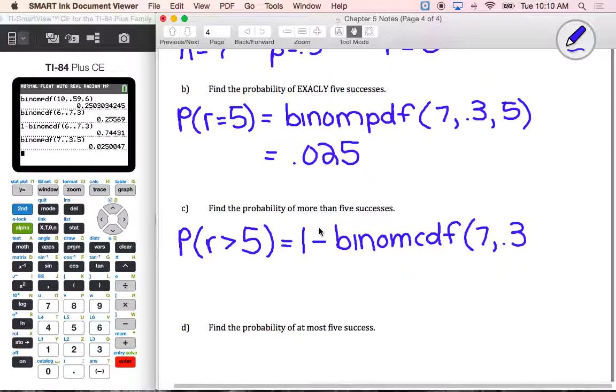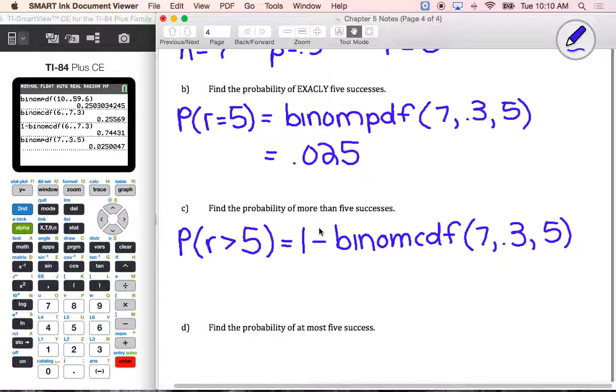We want greater than 5. So if you want that to be bigger than 5, that means you want 6 and 7. You don't want to include 5 in it. So you are doing 1 minus everything 5 and below because you only want the probabilities of 6 or 7 successes. So we include the 5 with it because I want to get rid of everything 5, 4, 3, 2, 1, 0.